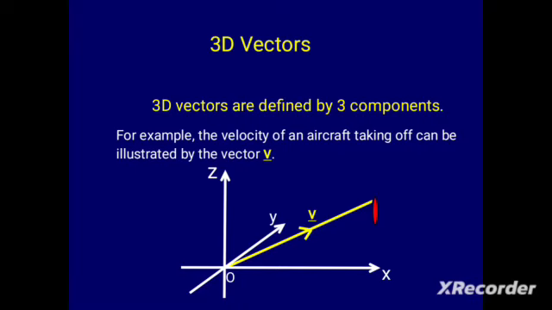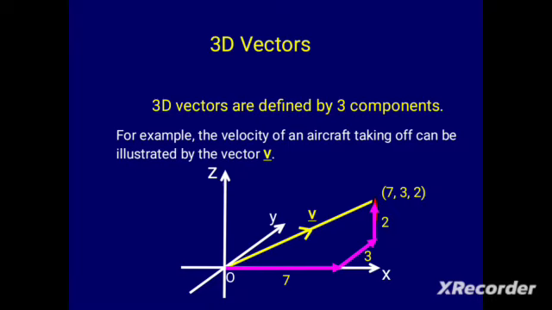So from the origin to the x coordinate, we have a measurement, let's say 7, and then this one represents the y coordinate, so it is 3 units. And lastly, we have the z coordinate, which is 2 units from the ground.